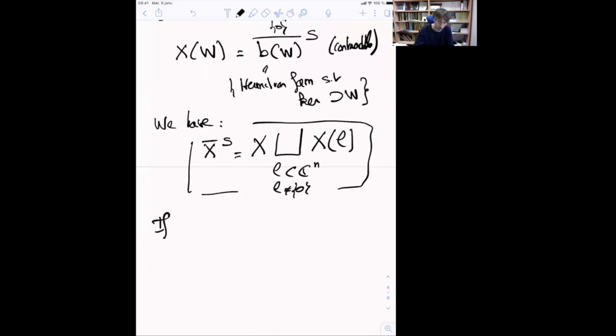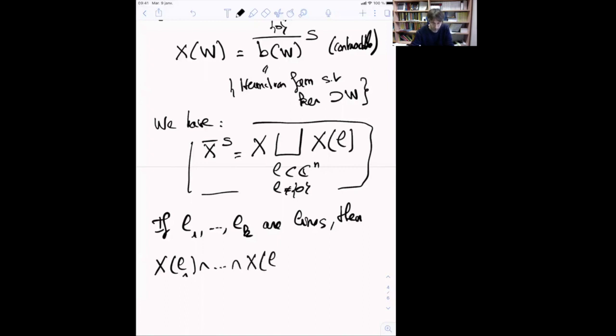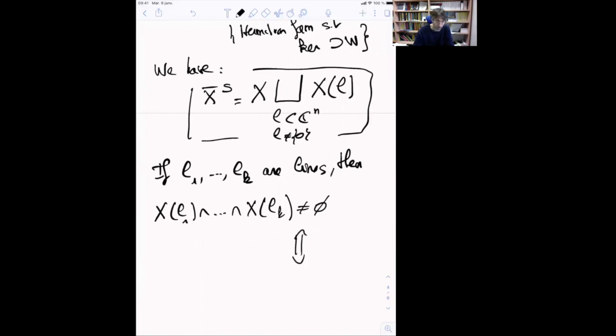So if L1 up to LK are non-zero lines, I'm looking at finite intersections of these covers of the boundary, and this intersection is non-empty if and only if the subspace spanned by generators of the lines is a proper subspace. And then the intersection is equal to precisely this span.